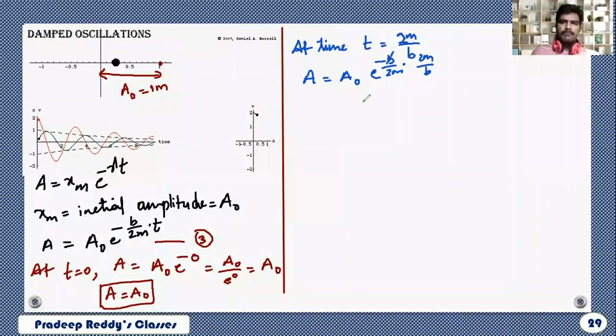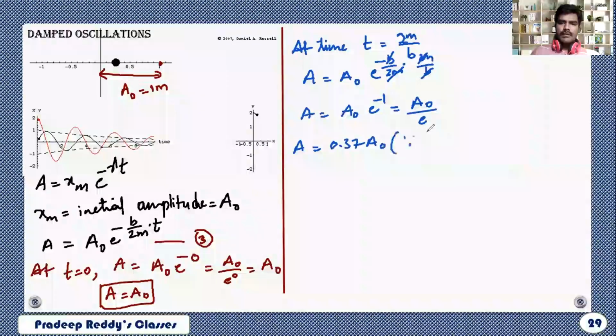This gets cancelled. So A will be equal to a naught into e power minus 1, that is a naught divided by e. So A will be equal to 0.37 times a naught, since 1 by e is equal to 0.37.